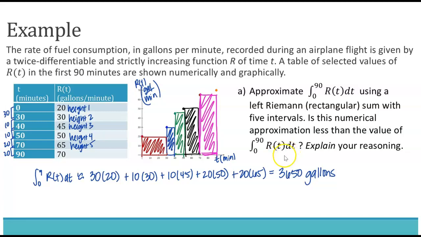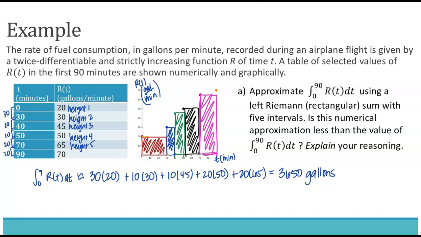And then, is this numerical approximation less than the value of the integral of r of t dt? Explain your reasoning. So can we for sure say that this is less than the actual area under the curve, what this integral represents? Well, because we were told that the function is always increasing, we don't know exactly what it looks like, but let me give one possible example.